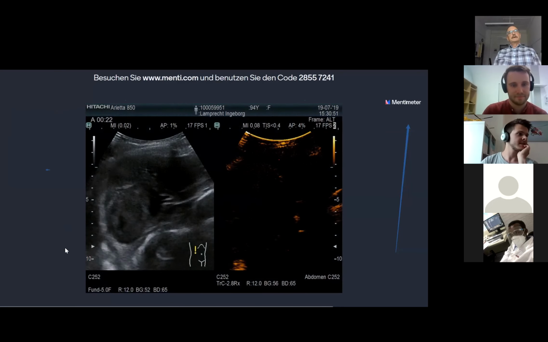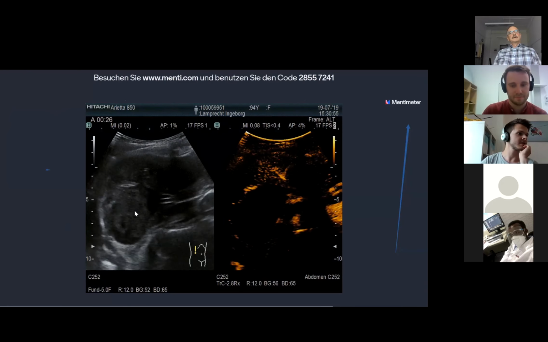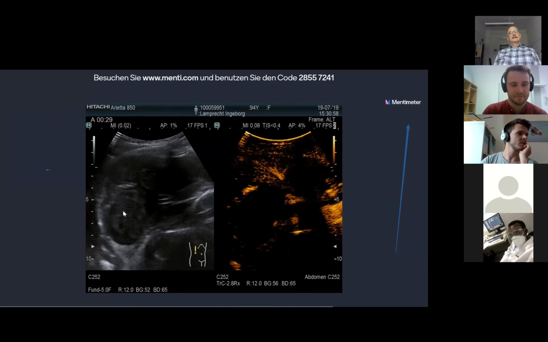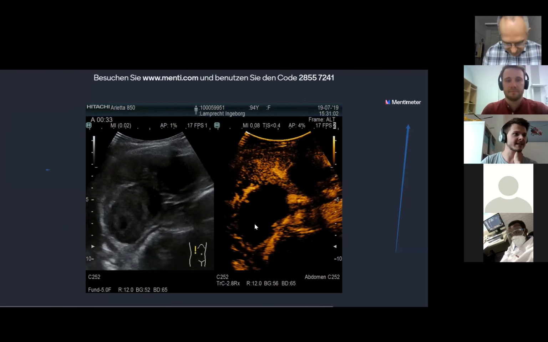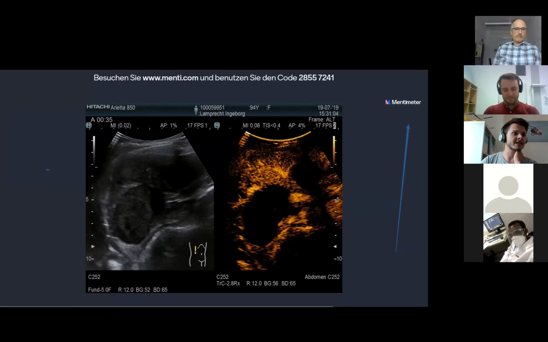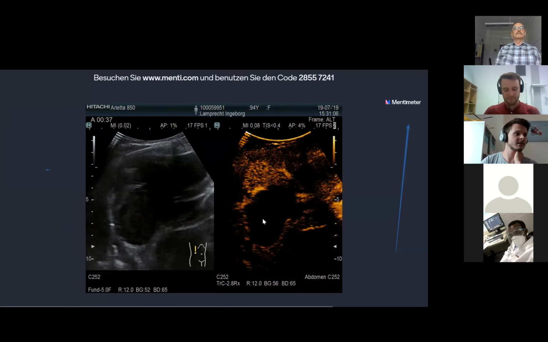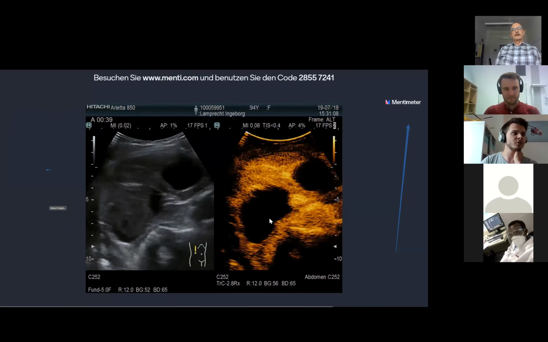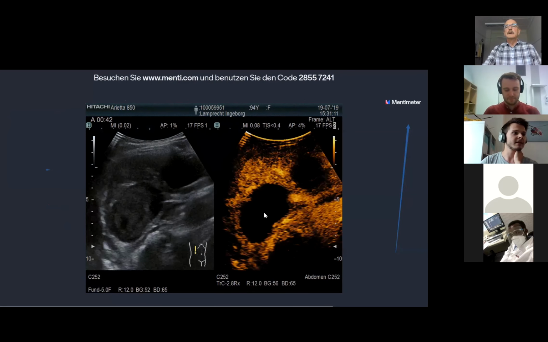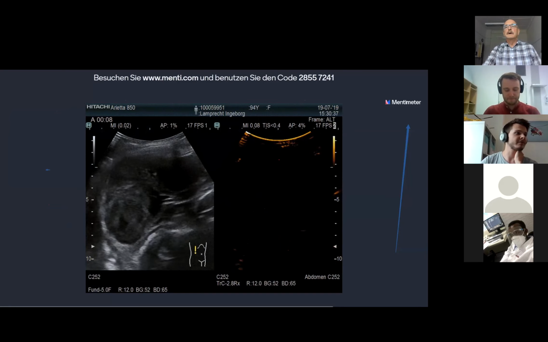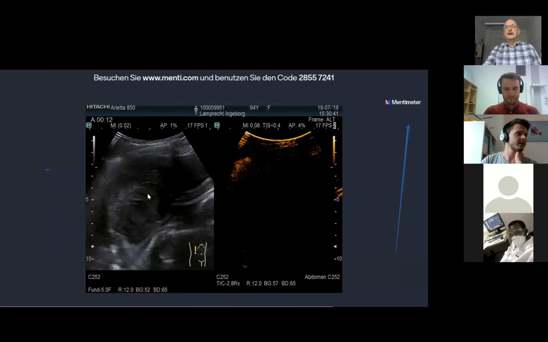You can also see it here. So you have the mass in this cyst, and this is old blood. And you can also see it here with the contrast enhancement. There is no contrast enhancement into this cyst. When you have a malignant tumor, you also have some enhancement in the cyst, and you don't have anything here. So this is only blood.